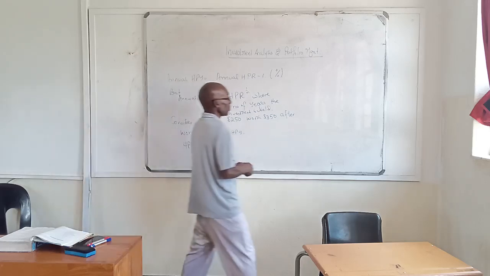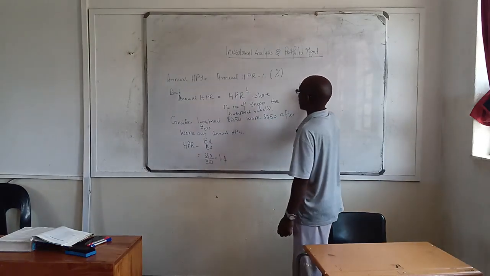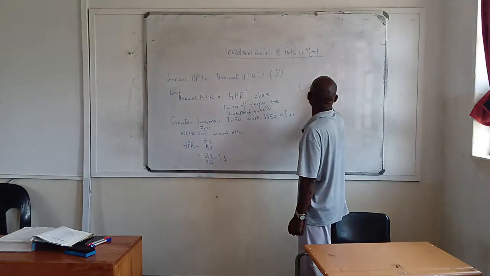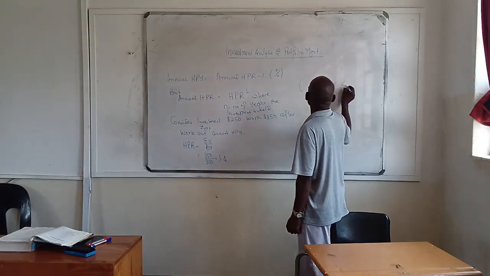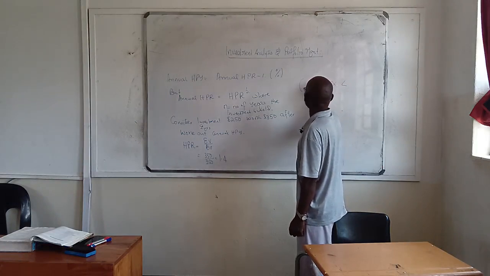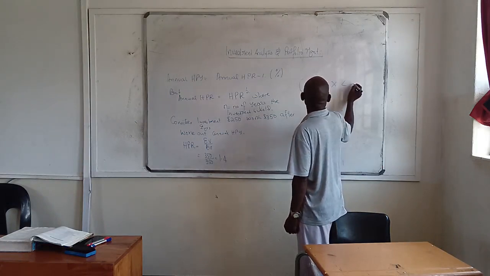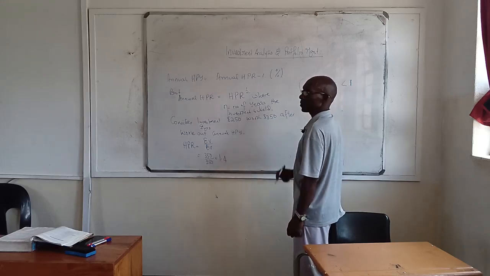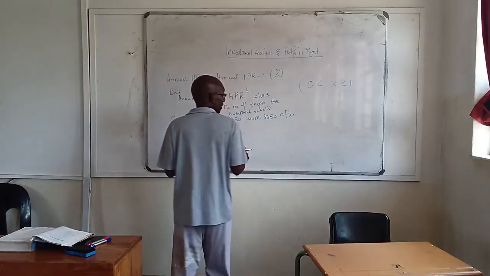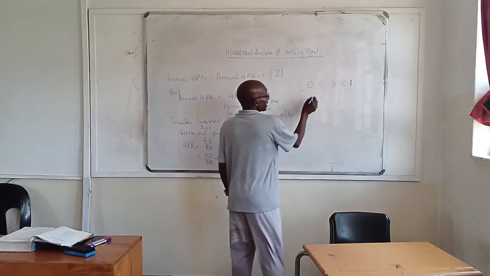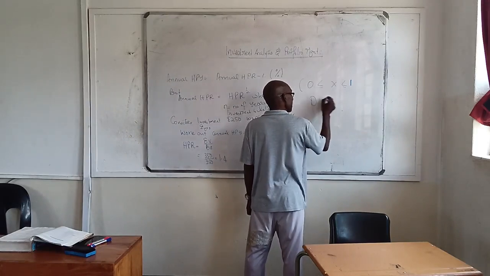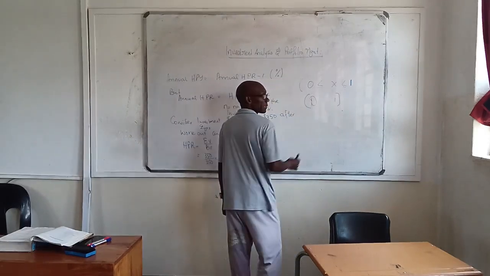In other words, your return X here is going to be greater than or equal to 0 and less than 1. It has to range in that form. It ranges between 0 and 1. That's what it means there.